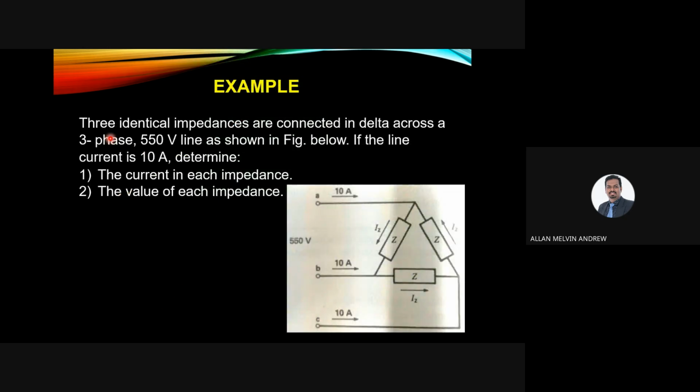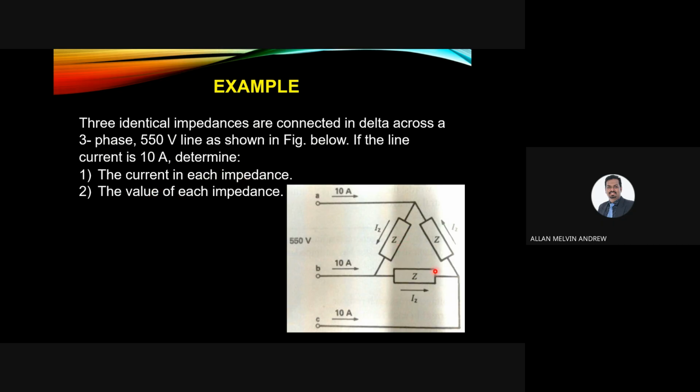Three identical impedances are connected in delta across a three-phase 550 volt line as shown in the figure below. If the line current is 10 amperes, we need to determine the current in each impedance. We have three impedances, so we need to find it for each one.